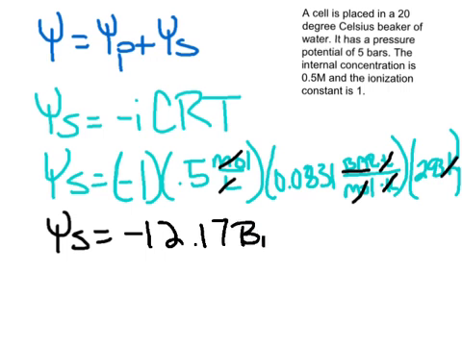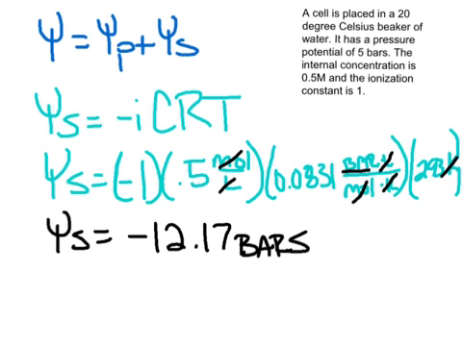-12.17 bars. All right, now, if we wanted to solve for water potential, you could solve for water potential, which is equal to the pressure potential, which we know from right up here.